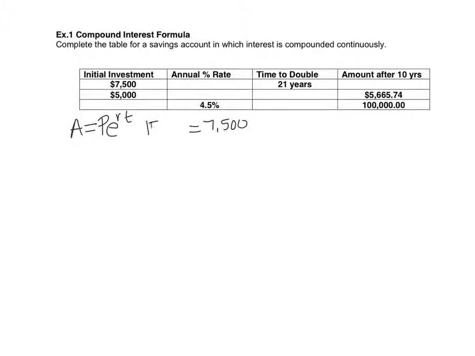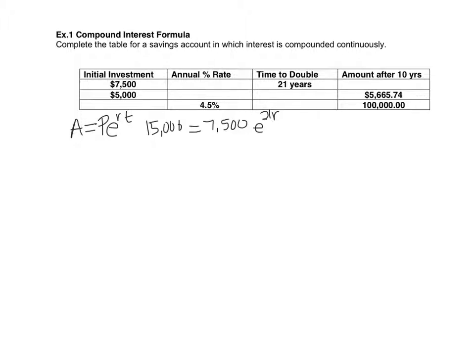So I know that in the end, I'm going to wind up with $15,000. And then e to the RT. We don't know the rate, and so that is the thing that we're going to be solving for. But we do know the time that it took to double. It took us 21 years to double it. And so I'm going to say 21r.